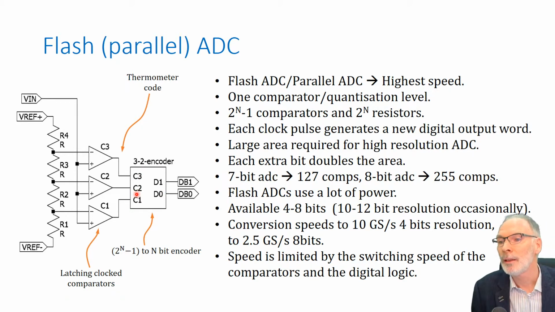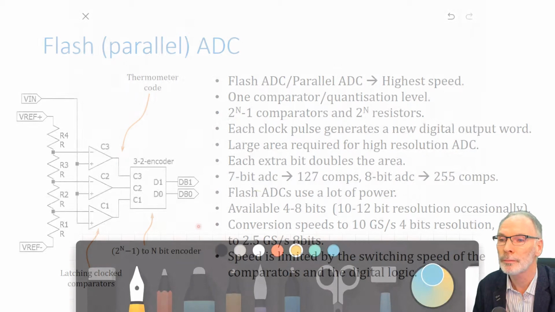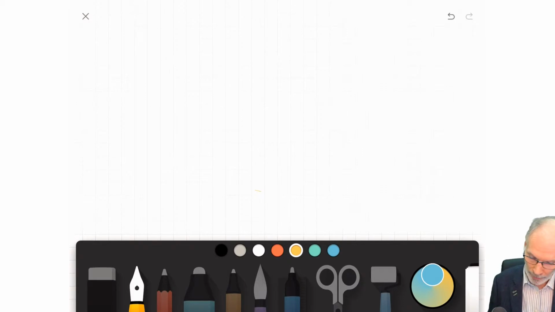For the moment, let's switch over to our drawing tool, and I'll select the paintbrush here, which won't necessarily be pretty, but it'll do the job, and make a truth table for those comparators.